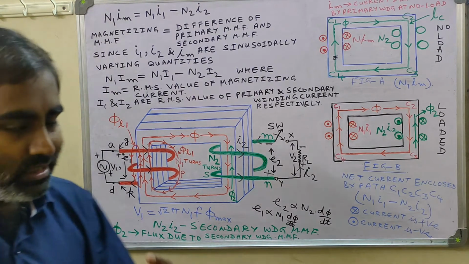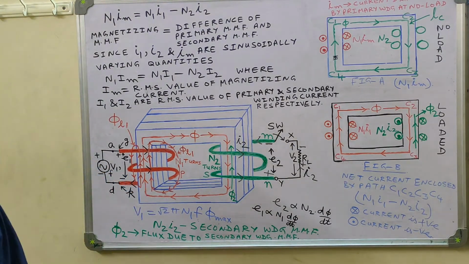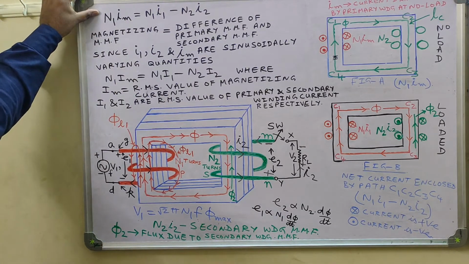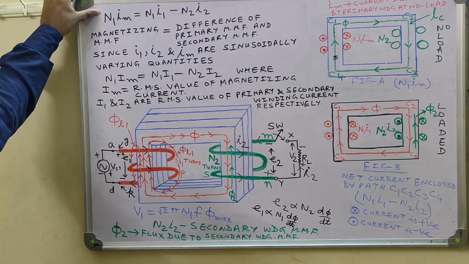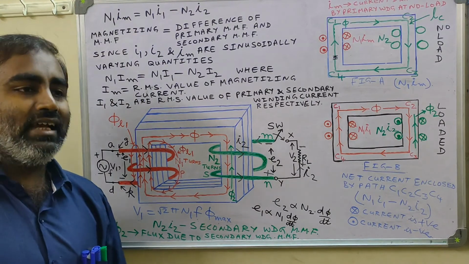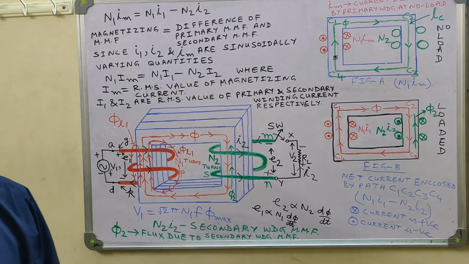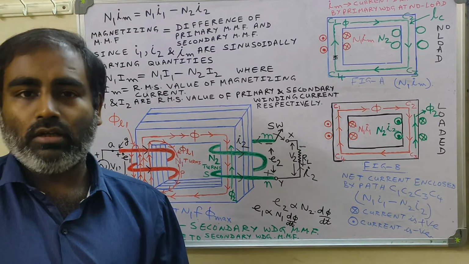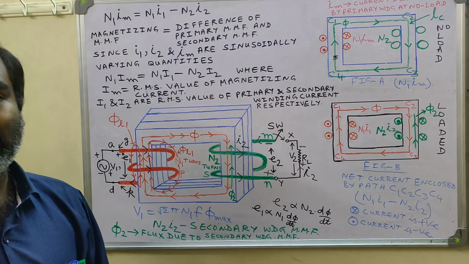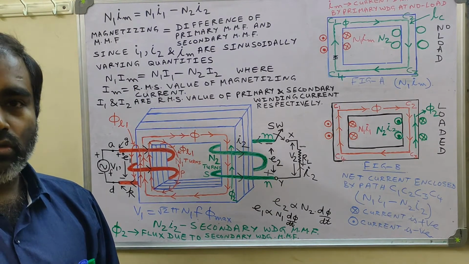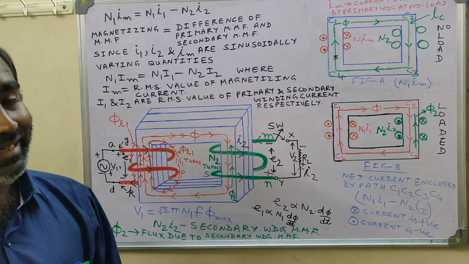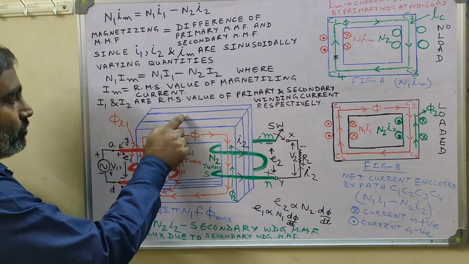This is the second assumption for an ideal transformer which we made while making this derivation in our previous lecture titled magnetic circuit of transformer at load. Now what is the third assumption? The third assumption is that there are no magnetic losses, namely eddy current loss and hysteresis loss. We are assuming there is no eddy current loss and no hysteresis loss in the magnetic core of the transformer.